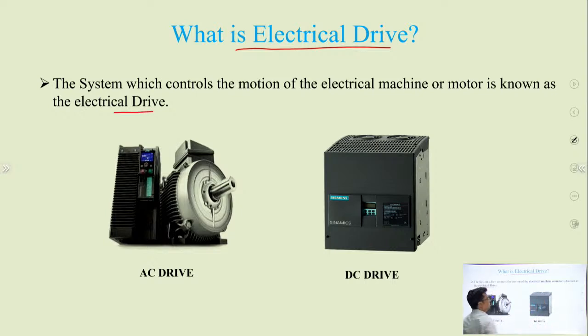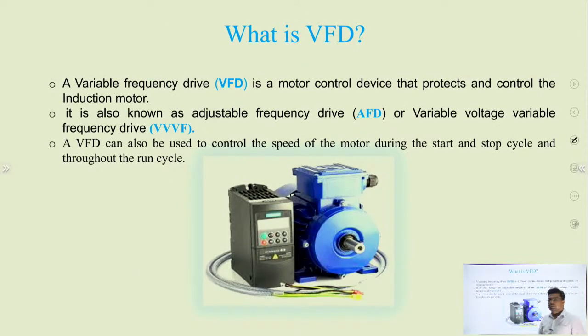If we go to a brief classification of drives, basically two types of electrical drives are used. One is the AC drive and the other is the DC drive. This diagram shows the Sinamics based, that is the Siemens based, AC drive, and this is the drive unit of a DC drive.